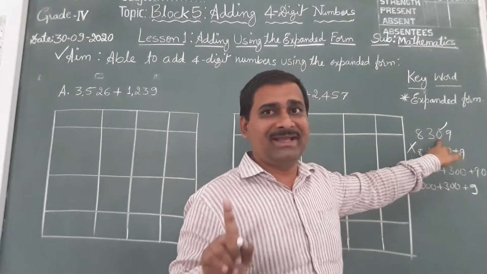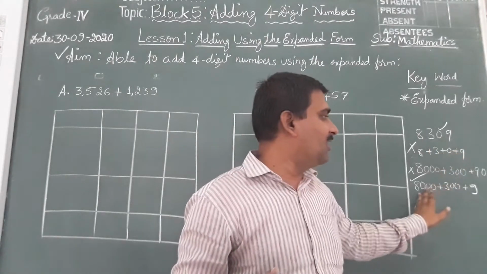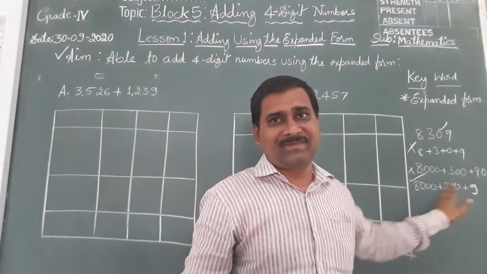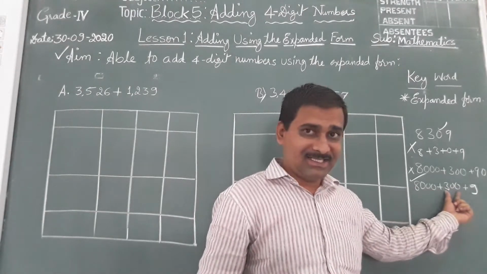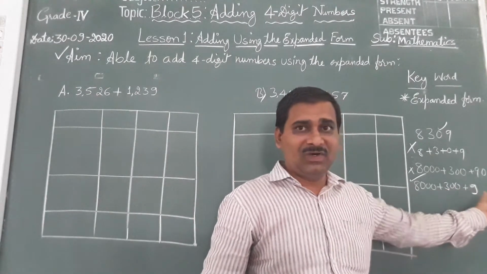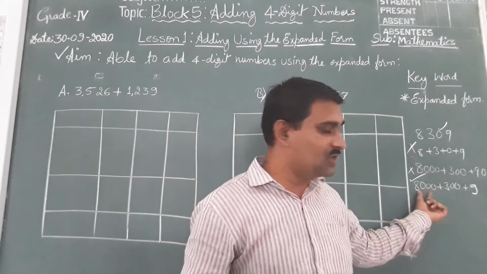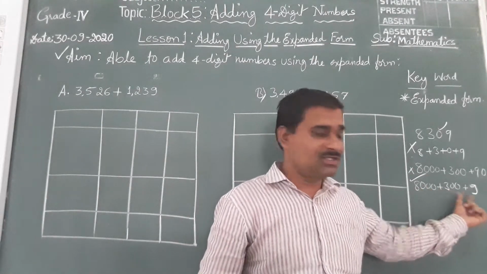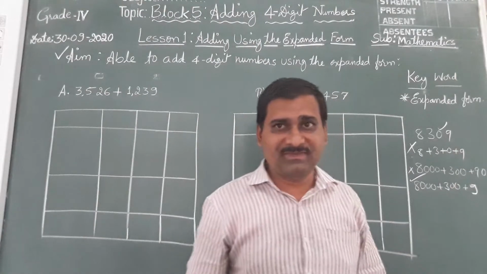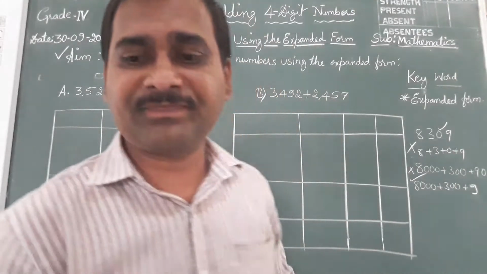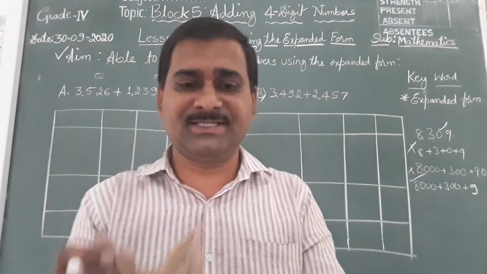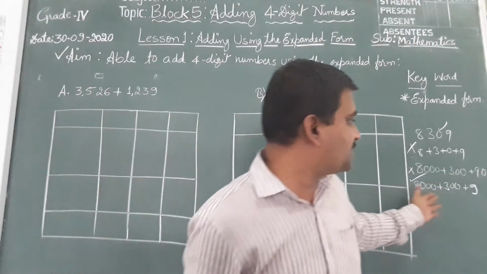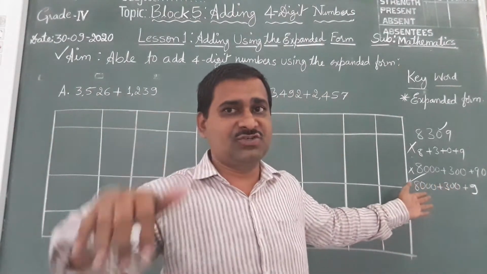This 0 is in the tens place, so there will not be tens. There will only be thousands and hundreds. There is no tens here. See, you have only ones notes, thousands notes, hundreds notes. There are no tens notes. That's why I have shown the notes. The intention behind showing the notes to you all is that you should do these expansions by keeping this concept.